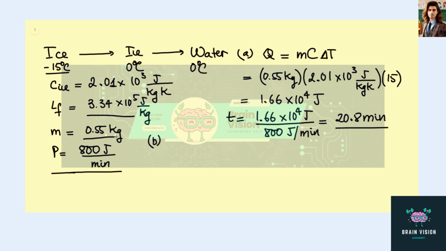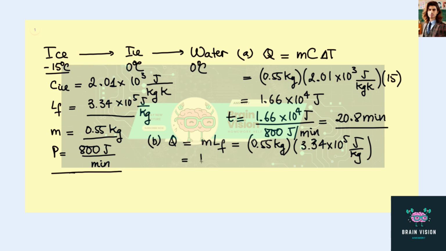So we still have 0.055 kilograms of ice, and we simply take Q to be equal to the mass of the ice times the latent heat of the ice, and this is equal to 0.055 kilograms times 3.34 times 10 to the fifth joules per kilogram, and this amounts to 1.84 times 10 to the fourth joules.